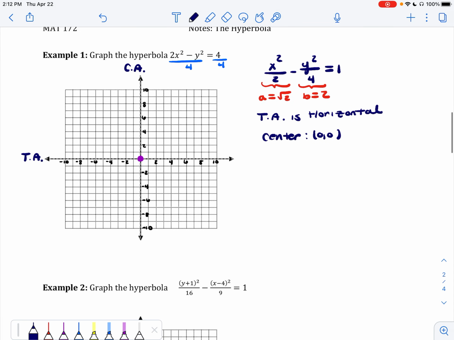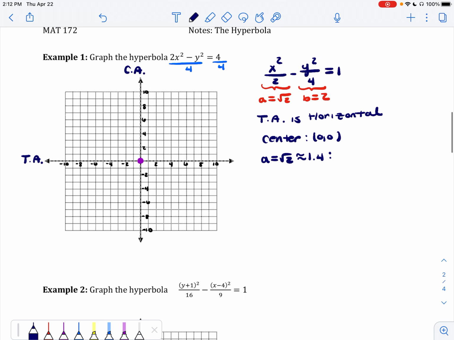All right, then using our a value, so a is equal to the square root of 2, or since we're graphing, it might be helpful to find that as a decimal. So that's approximately 1.4. We can find our vertices.